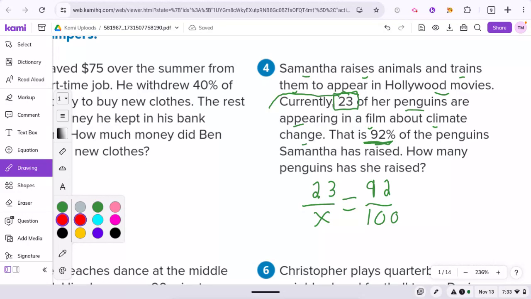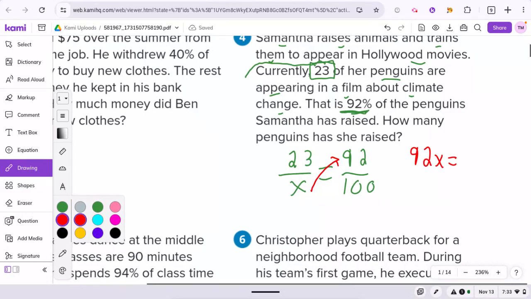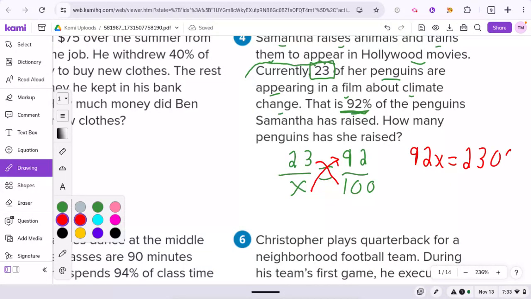So we set it up just like the last one, and we're going to cross multiply as well. X times 92 is 92X. And then 23 times 100, 2300. Then, just like on the last problem, divide both sides by 92.